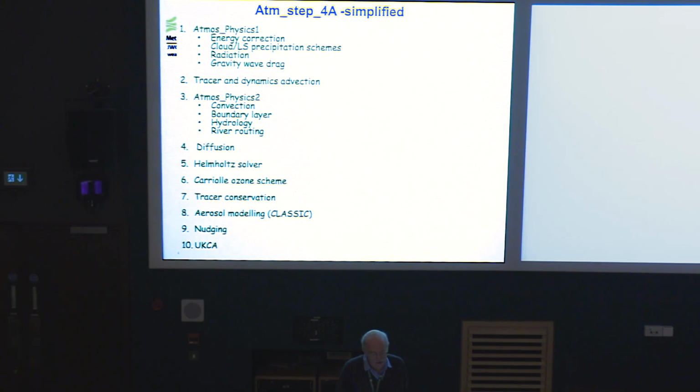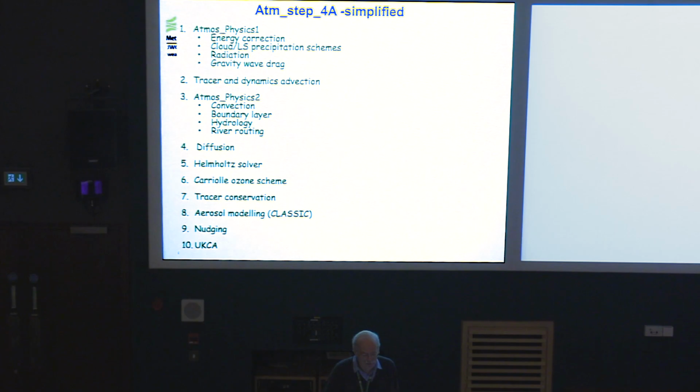Radiation: UKCA, if you turn on the right switches, will affect the optical depth, and gas phase species like methane will affect that. Then you have tracer and dynamics advection. Obviously, that's critical for UKCA.